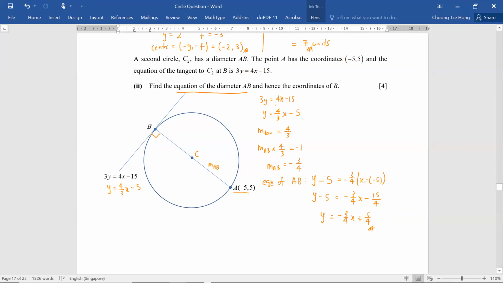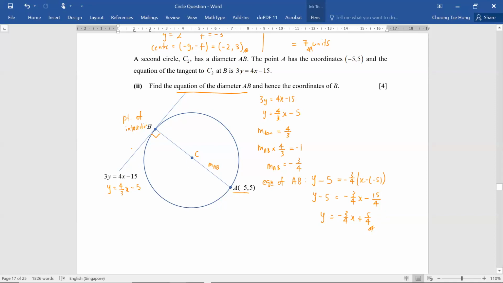Right? Okay, next one, they want us to find the coordinates of B. If you look at this diagram, it should be obvious to you that B is the point of intersection between the tangent and the diameter AB.